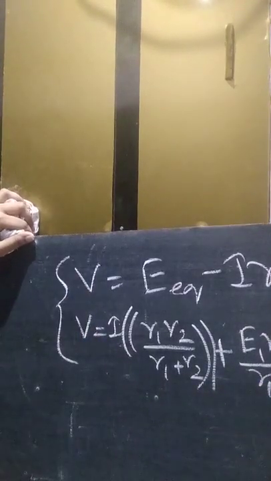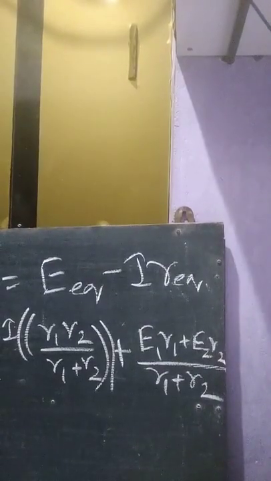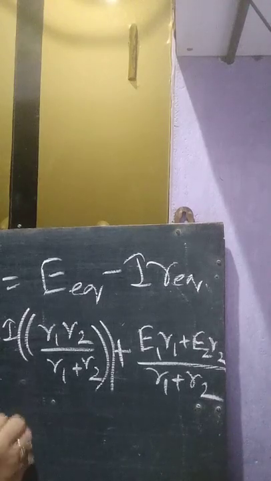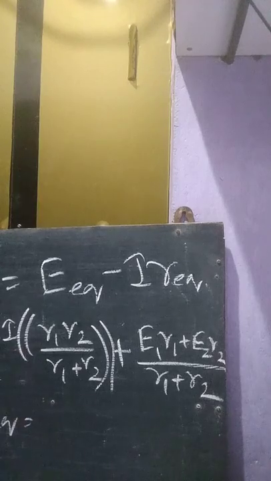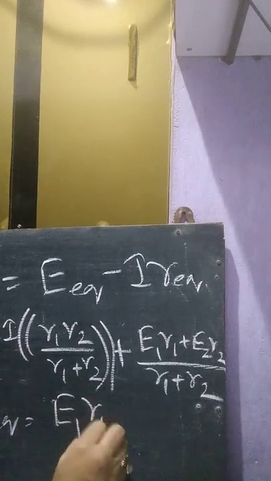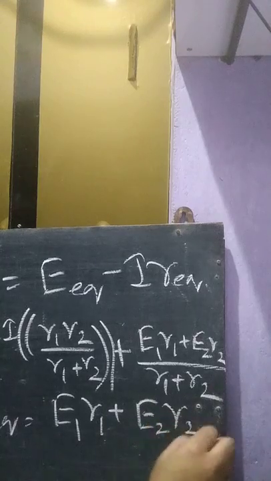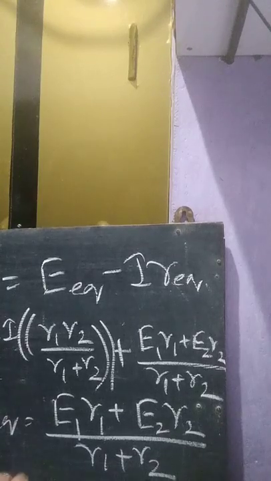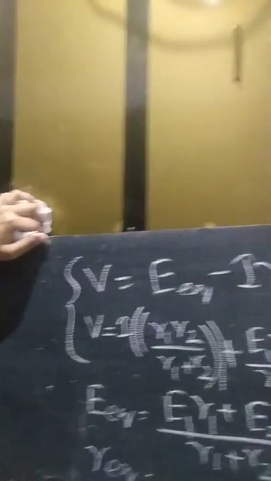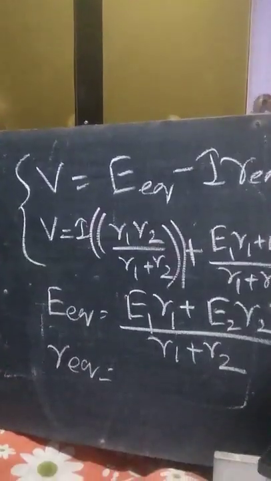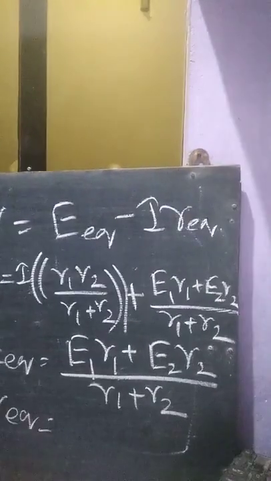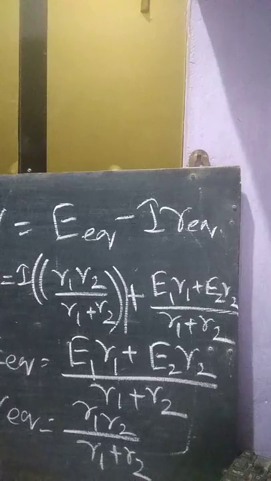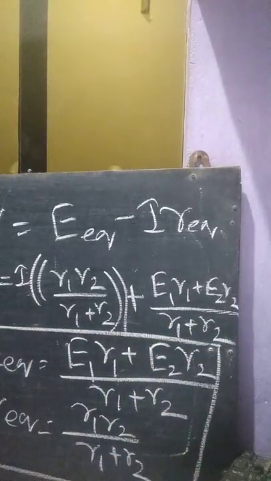By comparing these two equations, just comparing the E part, E equivalent equals (E1 R2 plus E2 R1) by R1 plus R2, and R equivalent is the resistance in parallel, so R1 R2 by R1 plus R2. This is the equivalent of the cells.